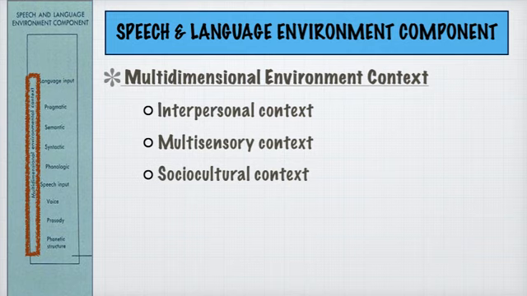Alright. So the speech and language input can be found in different contexts. First is the interpersonal context. Okay? So this context emphasizes na there is interaction between people, no?